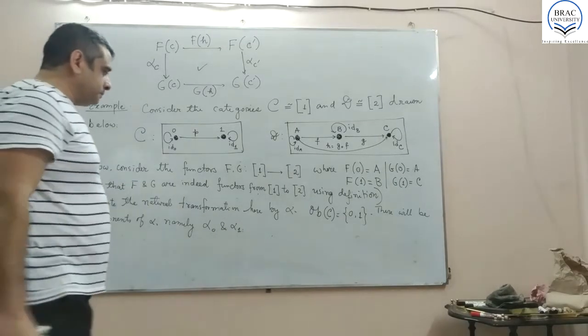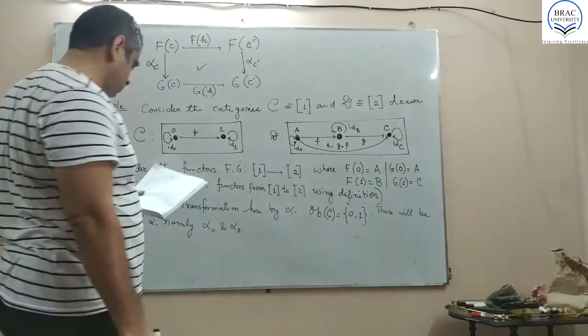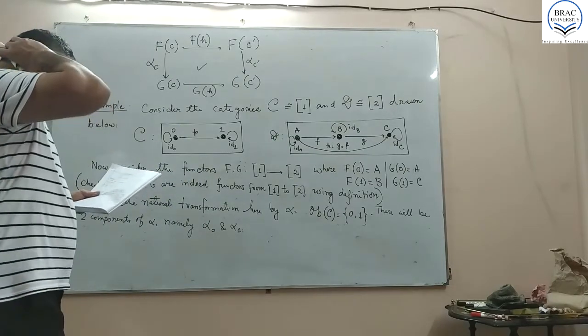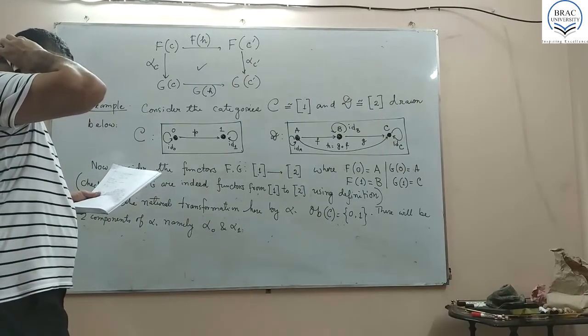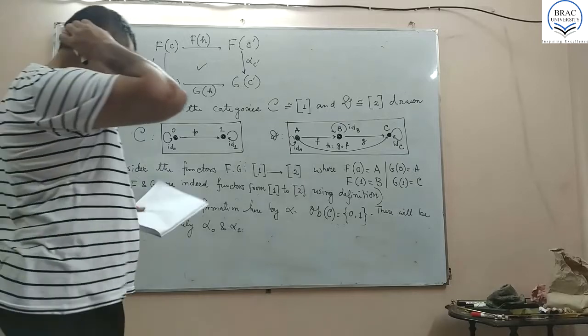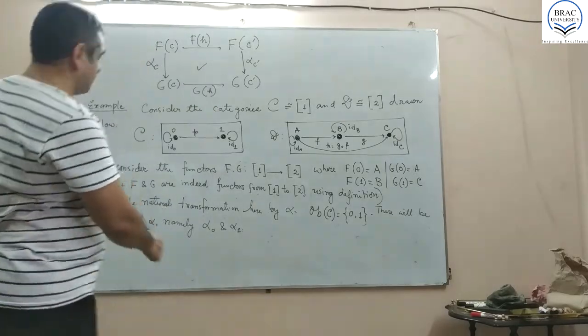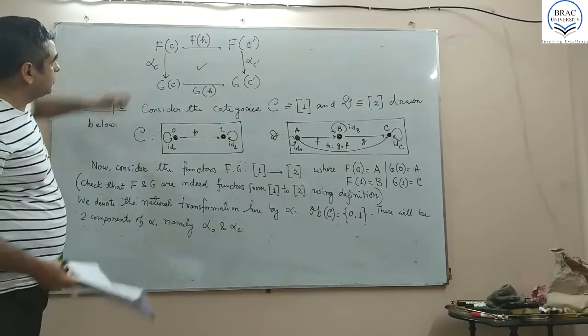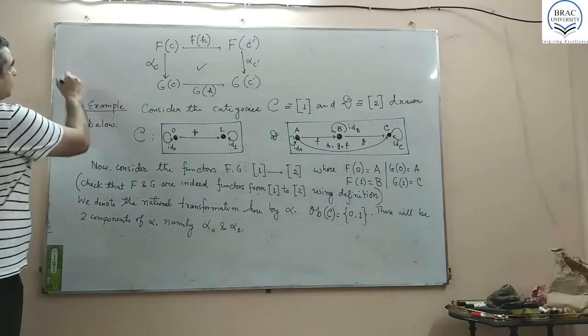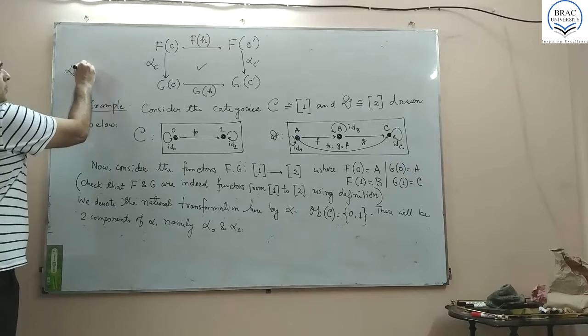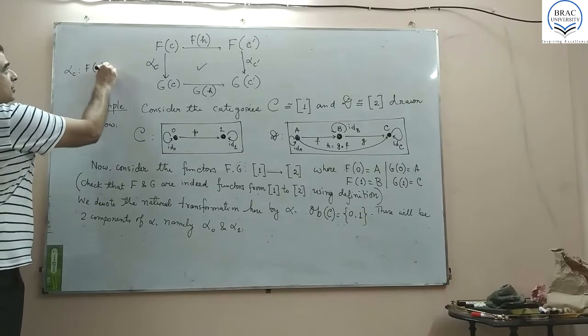So how did we define alpha C? Alpha C is a map from FC to GC.